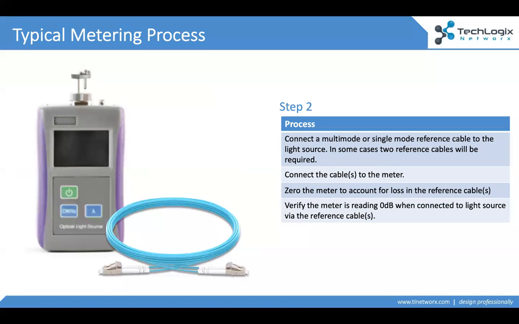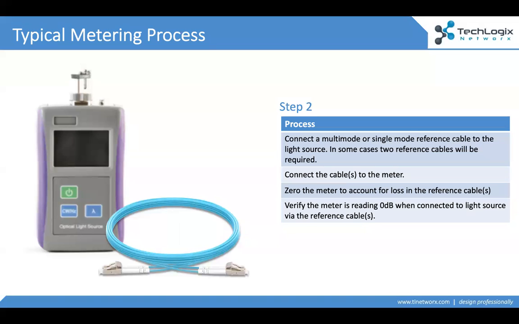Now we want to get out our reference cables. The reference cables are small little patch cords that we're going to connect to our main trunk cable, okay? Now, before we do that though, we've got to zero out the system, meaning we've got to take that reference cable and we've got to connect it between the light source and our meter, and then we zero out the system.